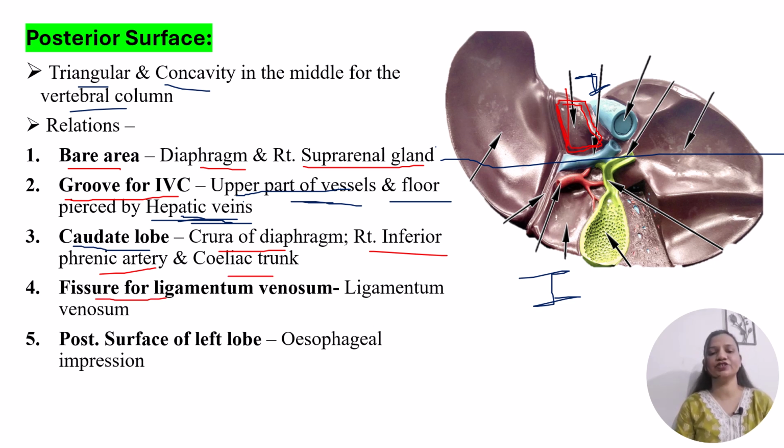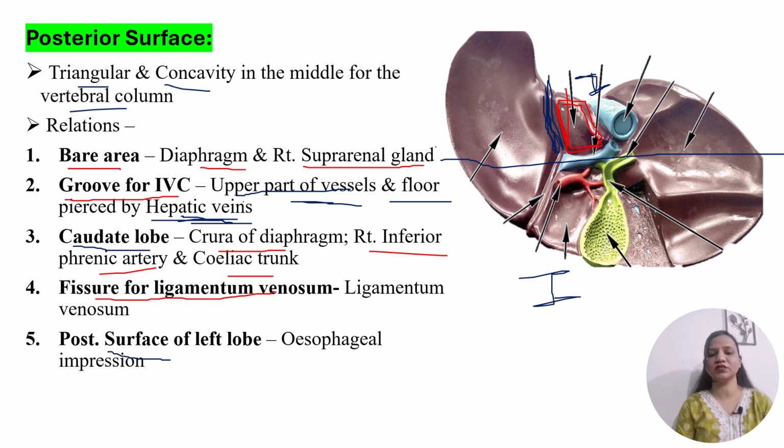Next is the fissure for ligamentum venosum, also present on the posterior surface. As the name suggests, it accommodates ligamentum venosum. That's why it is called the fissure for ligamentum venosum.